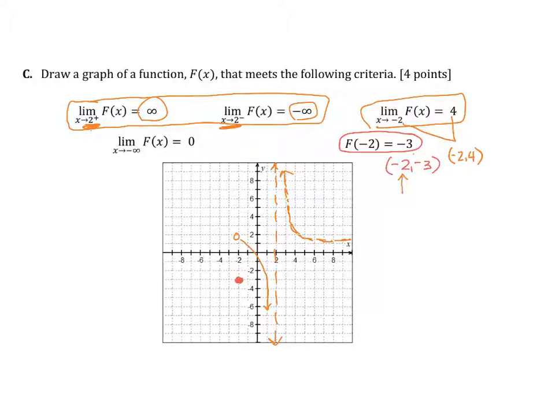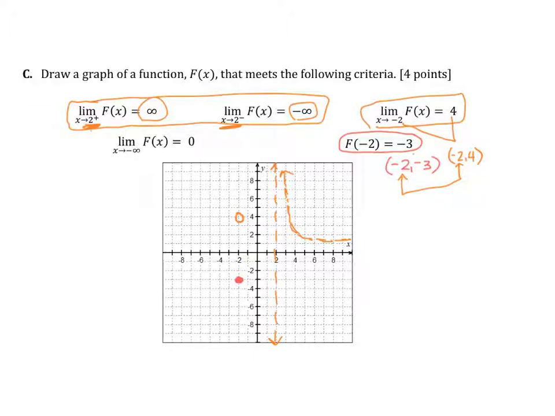Since you already have a point at -2, it's going to have to be an open circle. So let's go back. Notice how I'm having to erase, and that's okay. Sometimes that happens. So up here at (-2, 4), I know I've got to have an open circle there because that limit's got to exist.